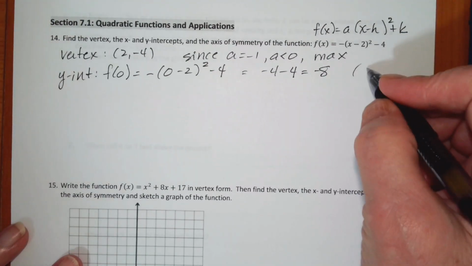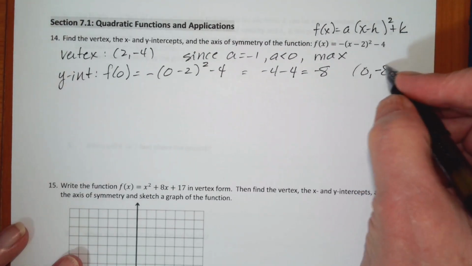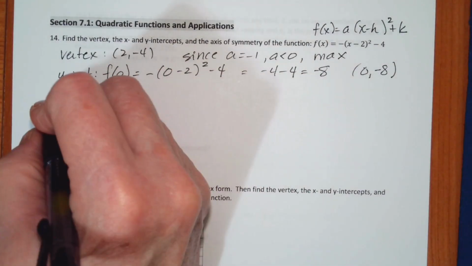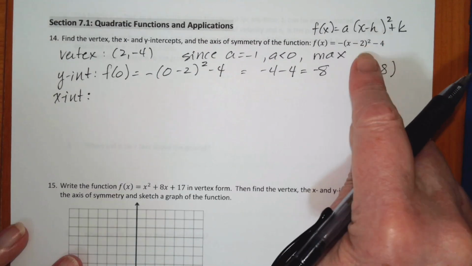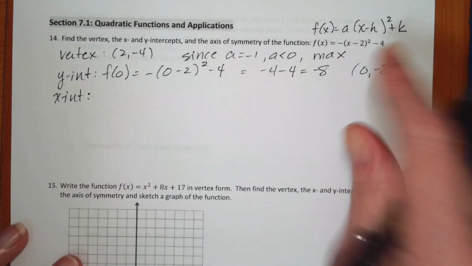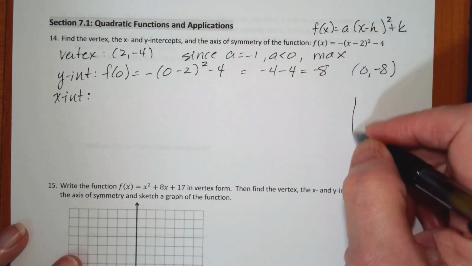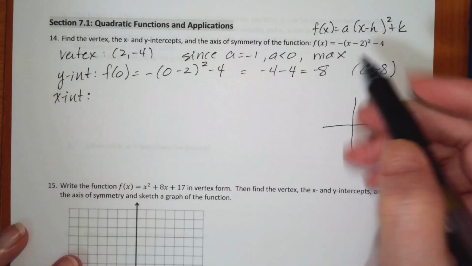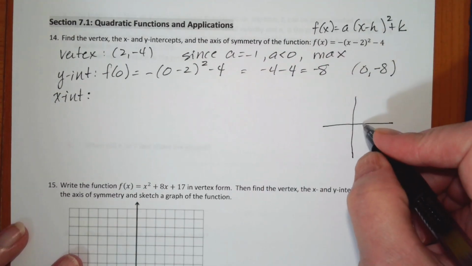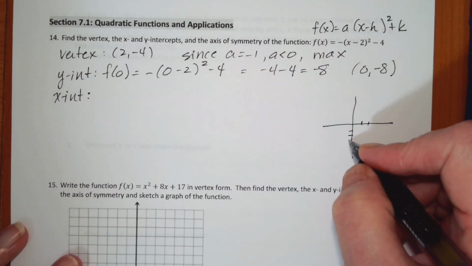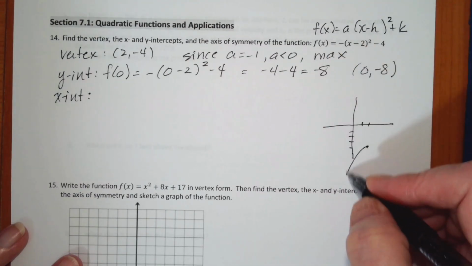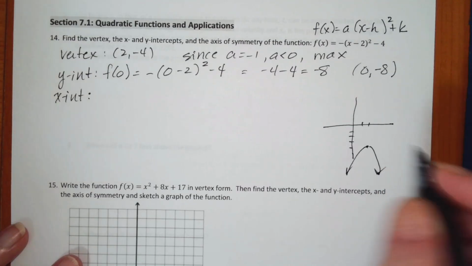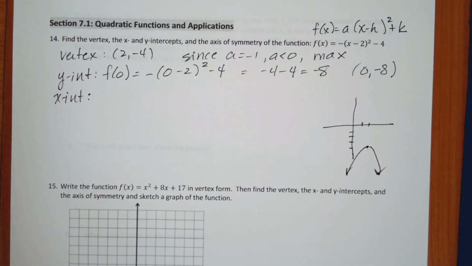So it is 0, -8. Now the x-intercept, here is why I put that it was a max. If I were to draw a very quick sketch of this, I would know that my vertex is 2, -4, and since it's a max, it opens down.